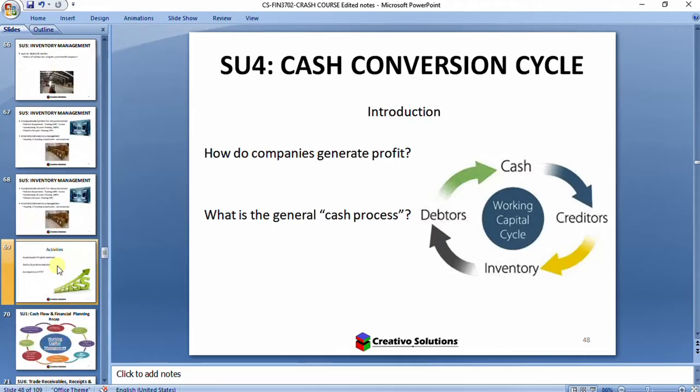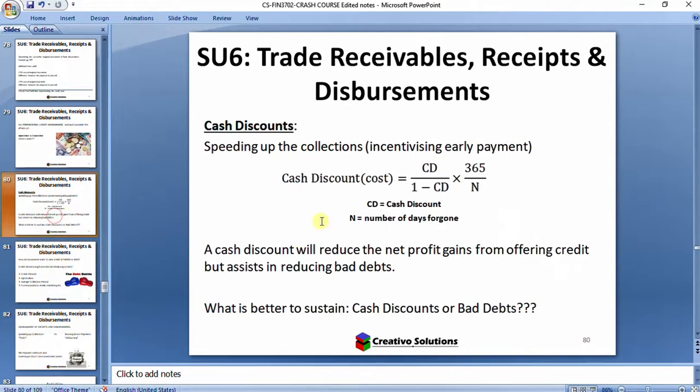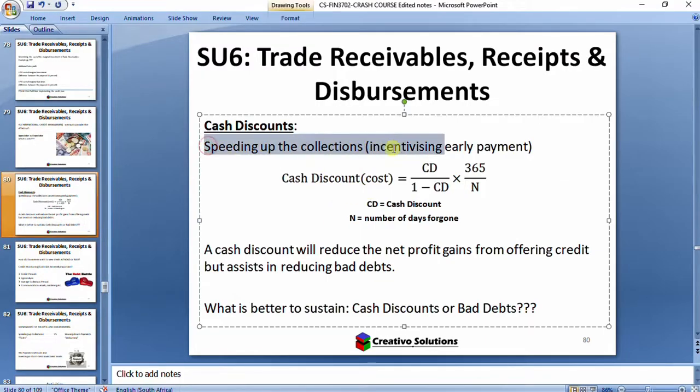So here in this set of notes, we have something called the cost of giving up a discount. We're looking at the speed in terms of collections. In other words, can I attract or incentivize or convince my customers to pay early?